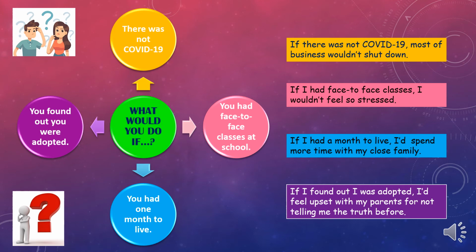Okay? As you can see, you have 4 situations, 4 not real situations. Okay? Tienes 4 situaciones no reales, hipotéticas. Okay? So, that's a topic now. Okay? Let's discover what else you have.